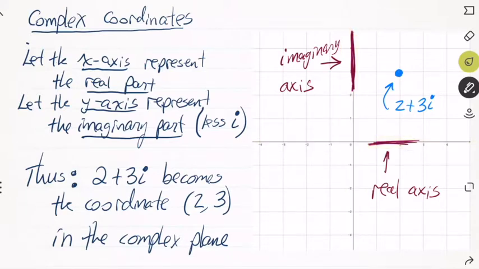All right, so if we do that, then we can change 2 plus 3i into a single coordinate, this point up here, 2, 3, and we'll let it represent the point 2 plus 3i. And notice it's 2 to the left and then 3 up on the imaginary axis. So that's where the 2 for the real part is coming from, and the 3i is coming from the imaginary axis up 3.